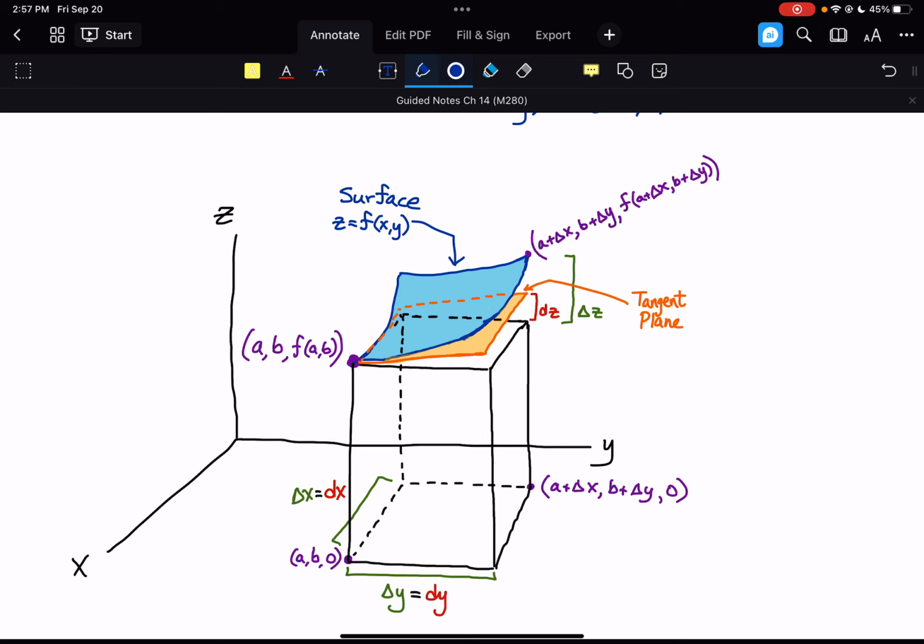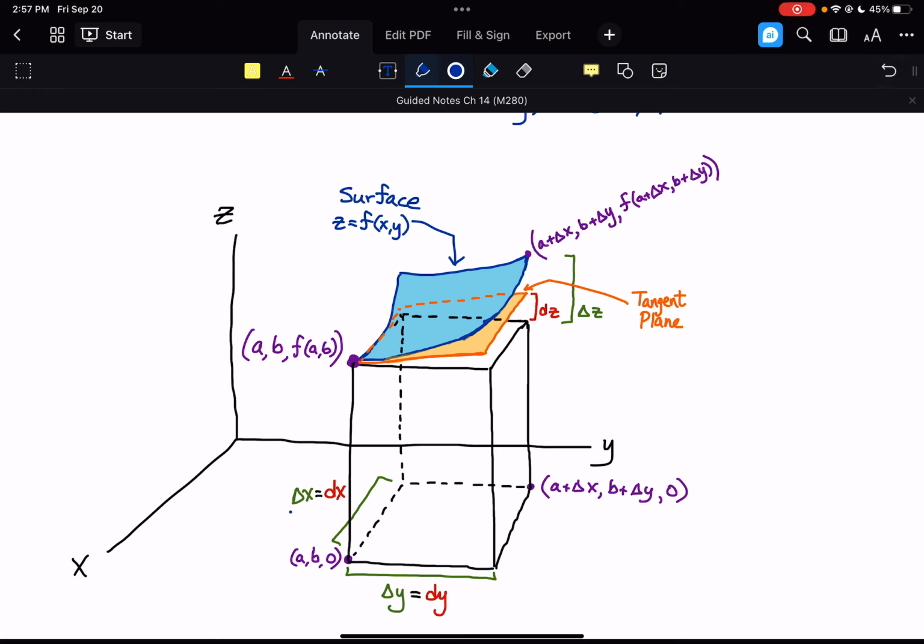We want to get the value of this point up here, which is a plus delta x comma b plus delta y comma f of that. So we moved the x value a little bit and the y value a little bit, and we get a new z value that goes along with it.